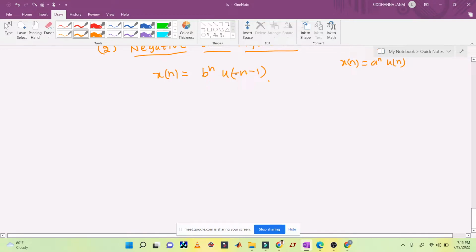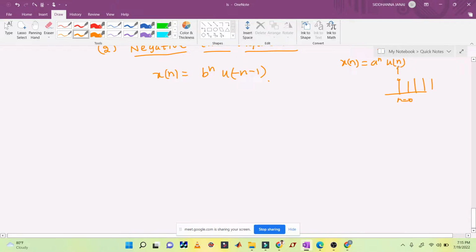You are not writing u of minus n, you are writing minus n minus 1, because u of n included n is equal to 0. It has included n is equal to 0 also. That's why leaving that out, whatever is left is our left sided sequence.